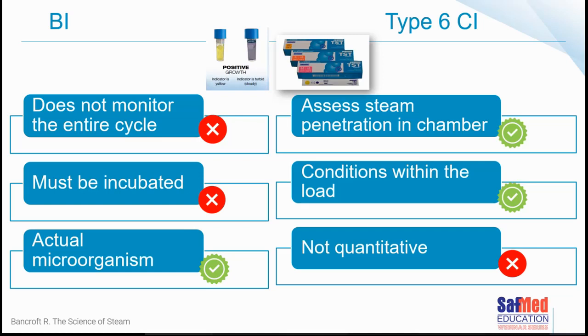The biological indicator won't monitor the entire cycle. It must be incubated, but it's an actual microorganism. A type 6 chemical indicator will confirm the conditions within the load, will assess the steam penetration for the entire duration of the cycle, but it's not a quantitative amount. So both have a role to play.